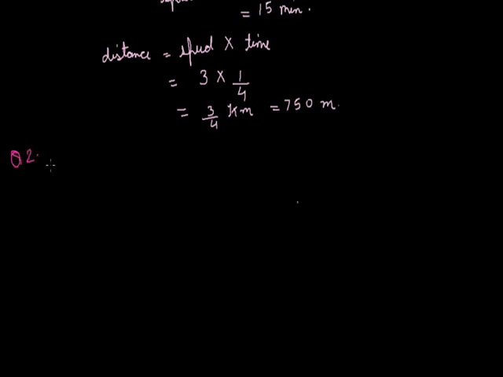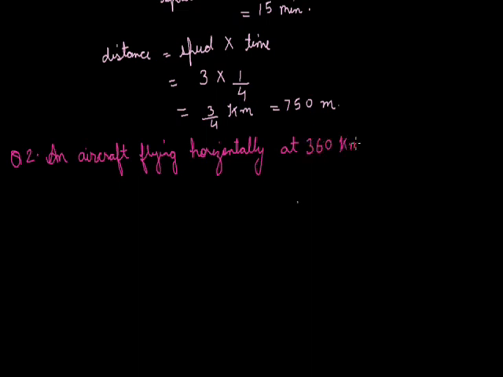In the next question we have an aircraft flying horizontally at 360 km per hour, which releases a bomb at a stationary tank which is 200 meters away.